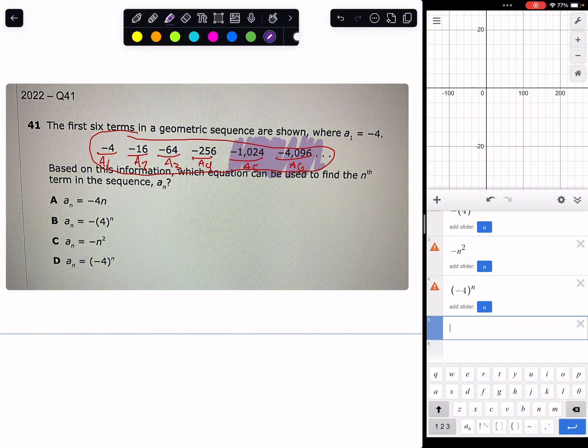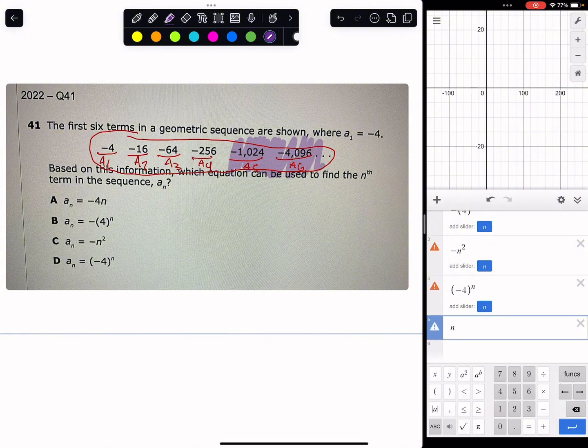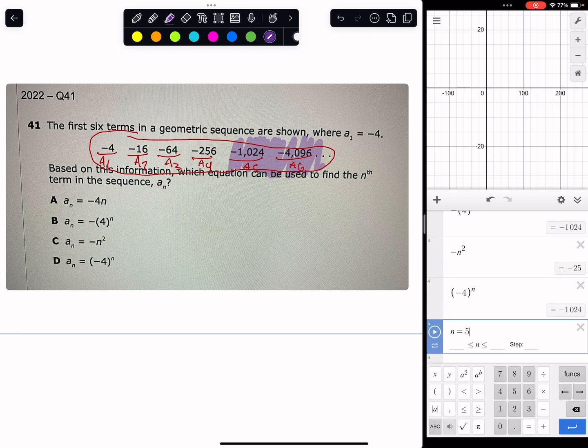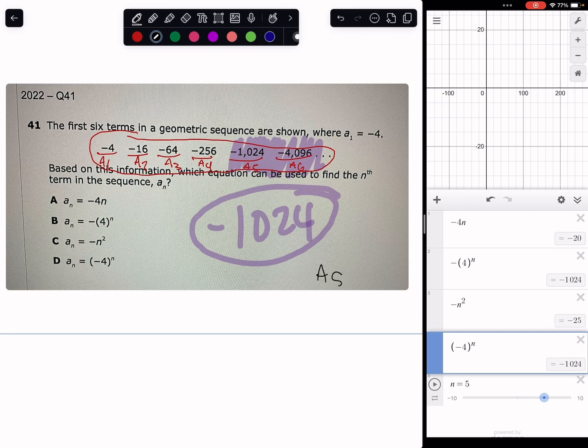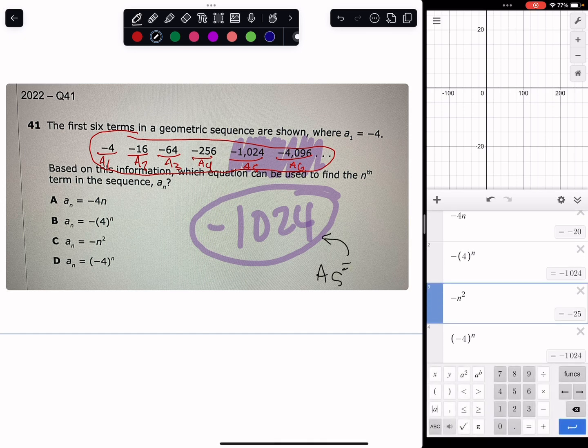So when I put n equals 5, we should get negative 1024 when we plugged in 5. Okay? Because when A is 5, your answer should be, so let's look over here.